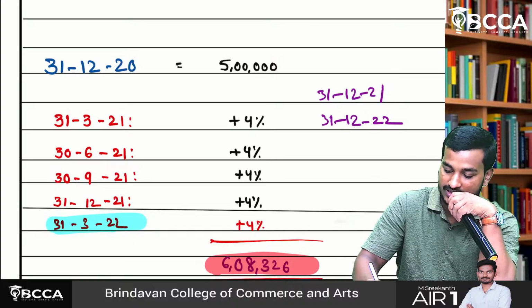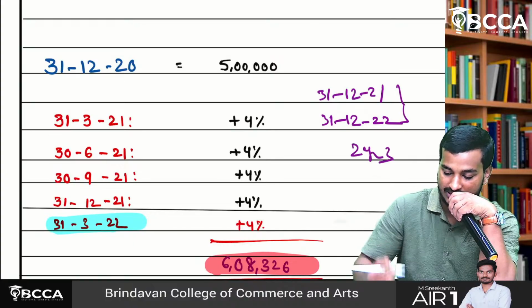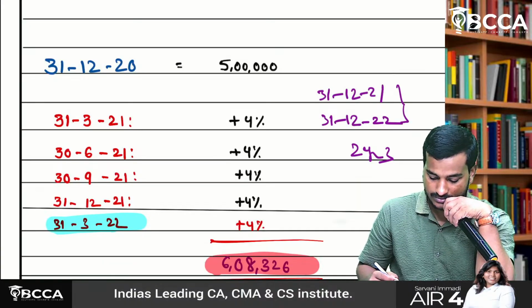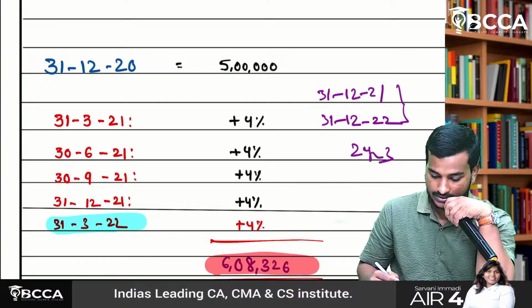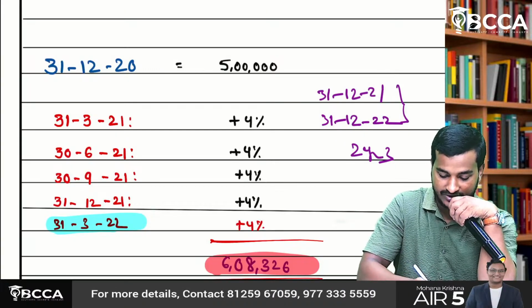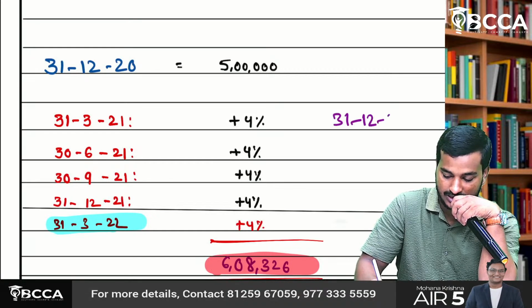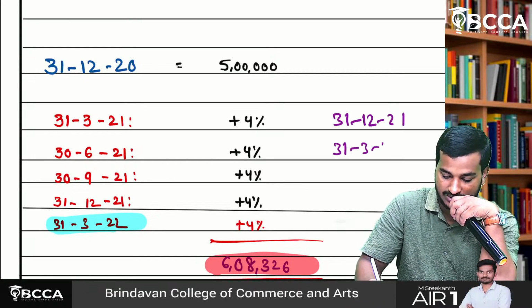That means 2 years 3 months. Sorry, 31st March 22. So first year ending 31st December 21, second year 31st March 22.